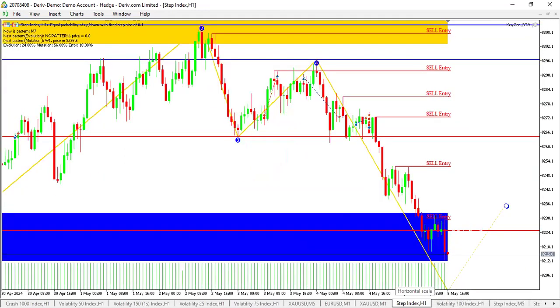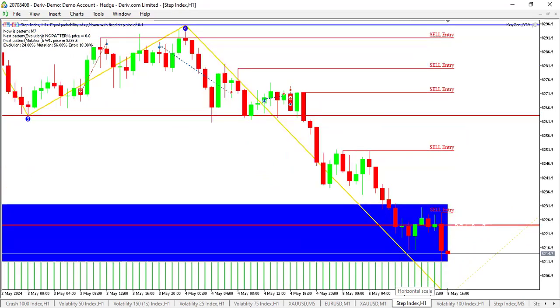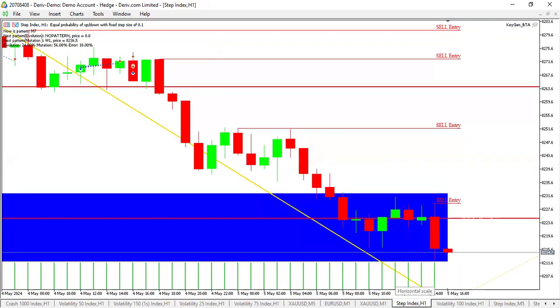All right, on Step, what is our current candle saying? Our current candle is what? It is bearish. But there's something that I was telling you in the afternoon when we had our first live trading session. Never enter a trade within 10 minutes after it has changed the hour.